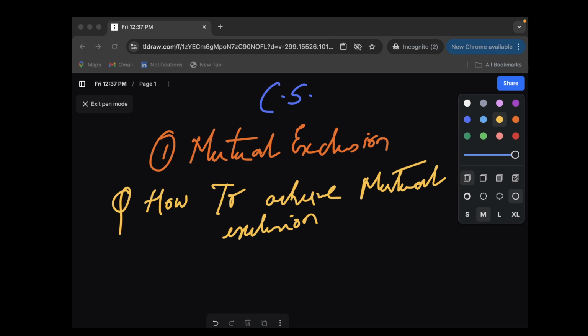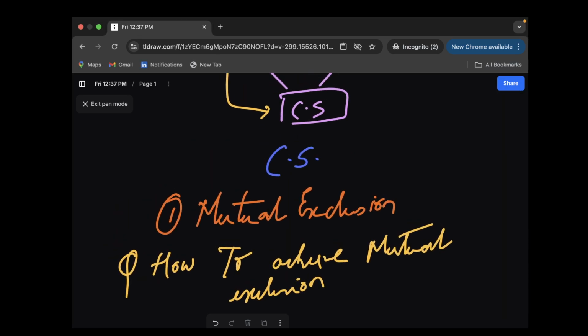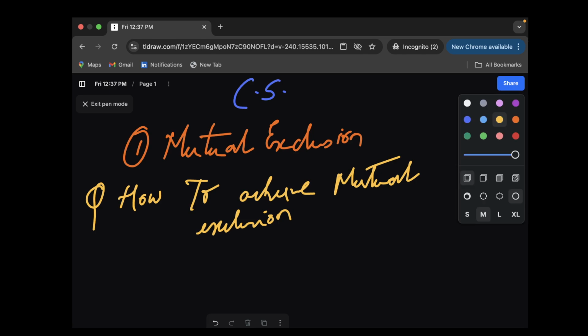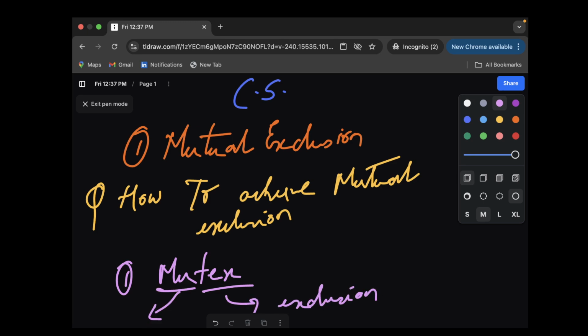So we define three rules, right? This is the first rule, achieving the critical section thing. So mutual exclusion, right? The first way to do it is to use a mutex. Mutex: mu is for mutual and ex is for exclusion, right? This is a very common and practical thread. So let's see how mutual exclusion is achieved by mutex.